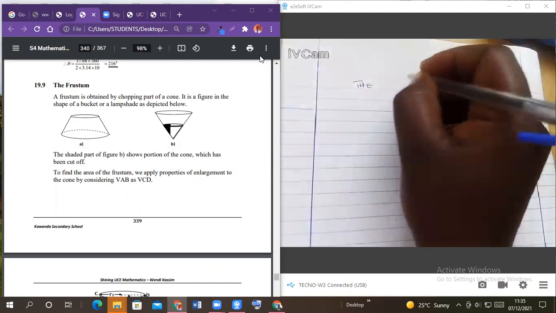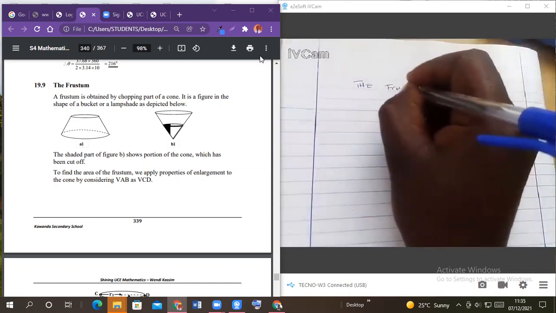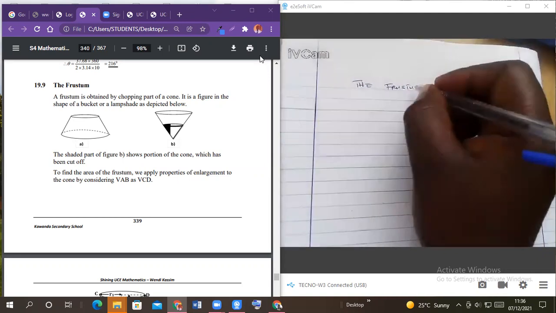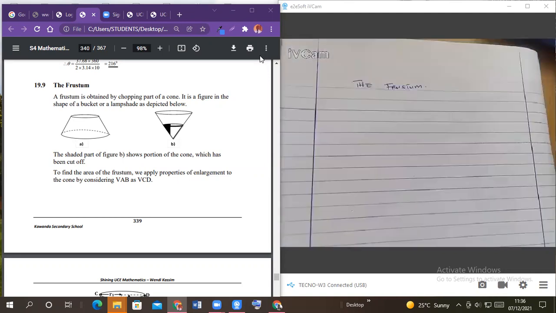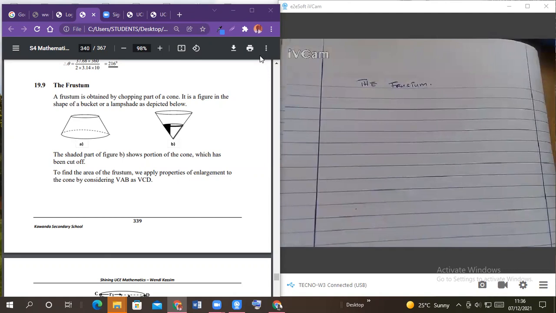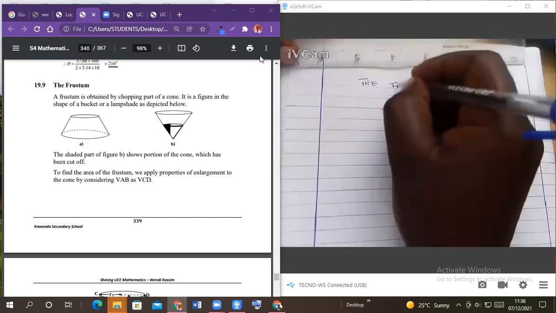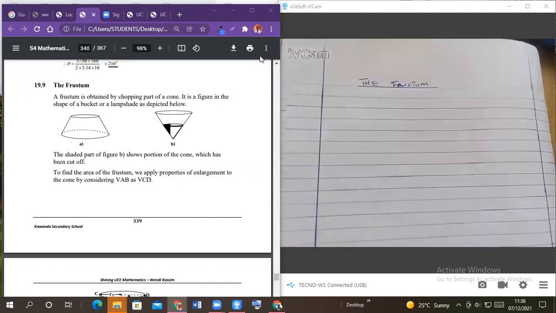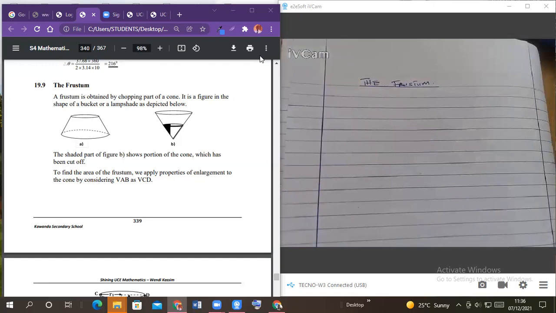So let us look at the frustum. The frustum, you should know that it is just a part cut from the cone. It is a section of the cone. So a frustum is obtained by chopping part of the cone. It is a figure in the shape of a bucket or a lampshade as depicted below.